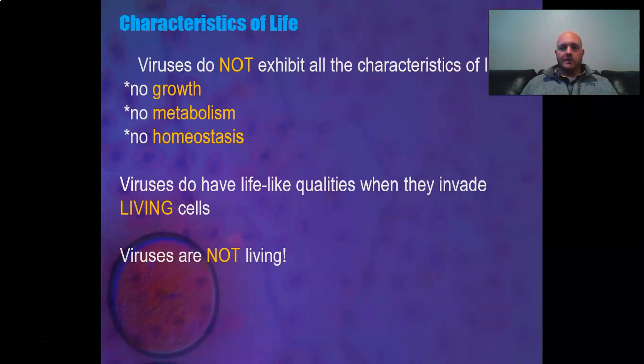And they do not maintain any sort of homeostasis. There's no internalized conditions in a virus to maintain being the same. They do have a lot of qualities, but they're not themselves alive, right? They can infect you because they are made of the same stuff as you, but not all the pieces needed to make a living thing.